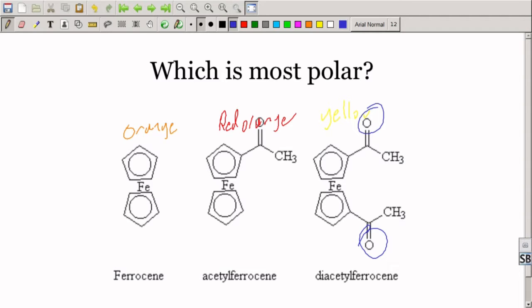In fact, ferrocene is basically greasier by these standards. It actually does have somewhat of a dipole moment because of the aromatic system, the same way as benzene does. So, if I were to use a normal phase setup to separate these three components by chromatography, which of these three is going to stick to my normal phase column the most?